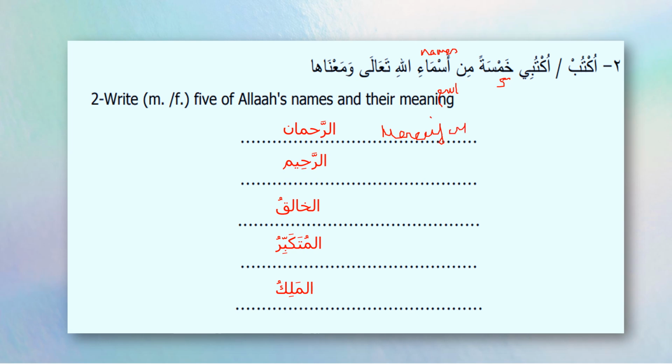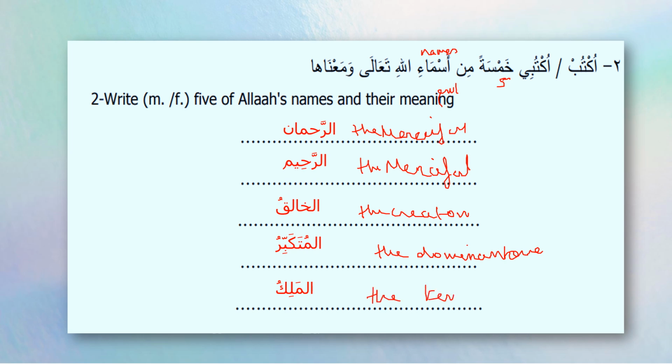There is a slight difference, but I'm not going into detail, just giving the answers right now. Khaliq, the creator, and Mutakabbir, the dominant one, and Al-Malik, or the king, Malik, the king.